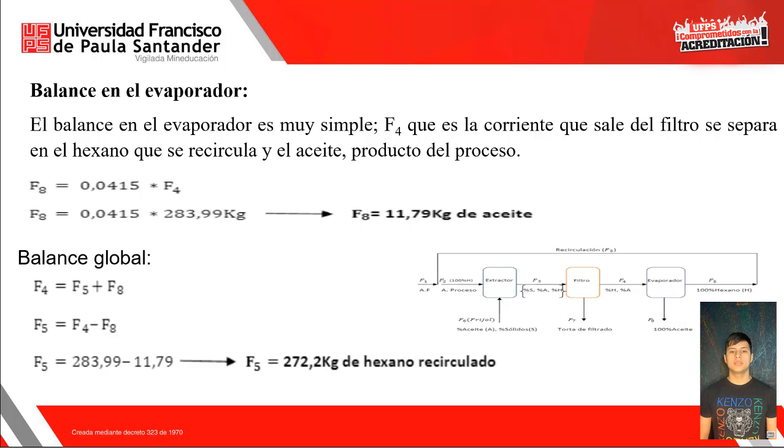F8 equals 283.99 kilograms. Then we carry on with the global balance. F5 equals F4 minus F8, and replacing the data returns F5 equals 272.2 kilograms of recycled hexane.